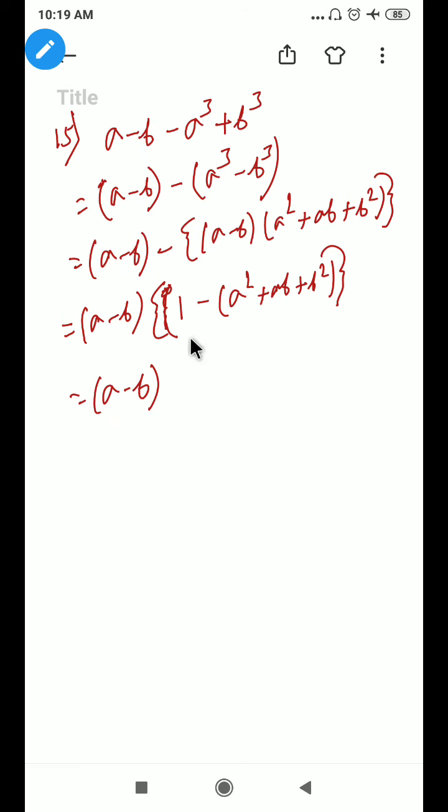Now (a minus b), open the second bracket, you will get 1 minus a square minus ab minus b square. So our factorization process is completed. In this way, up to question number 15, you can do it at home. Thank you.